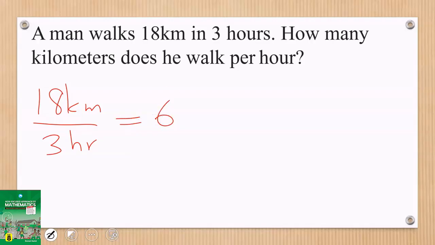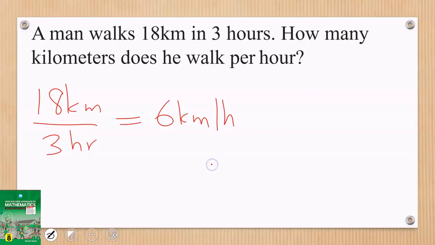So here what it means is that he is going to do 6 kilometers per hour. And when we talk of kilometers per hour, it comes with the word speed. That means the man's speed is 6 kilometers per hour.